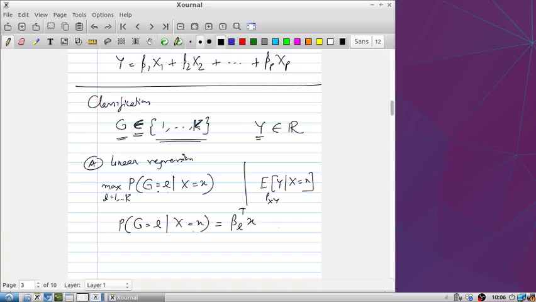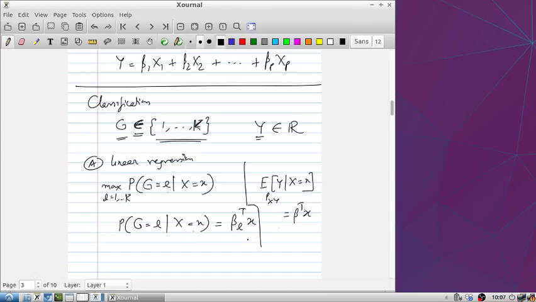If I knew the joint distribution between G and X, then I would know all the conditional distributions, the probability of G equal to something given X equal to x. Now linear regression, just like in the regression case where we approximated the thing we cared about as beta transpose x, says here I have k such conditional distributions, and I'm going to assume that these k conditional distributions are actually linear.